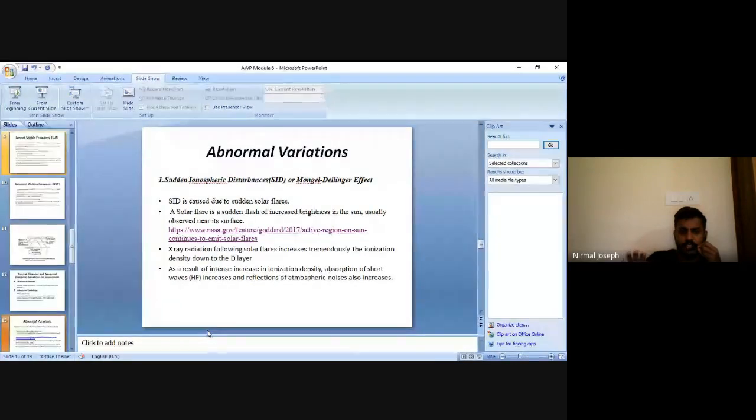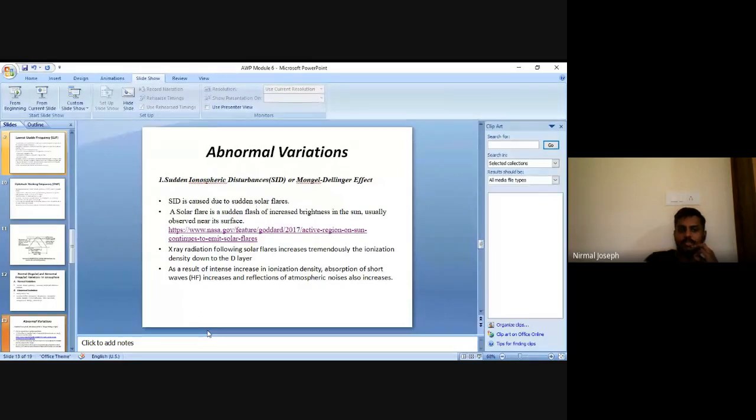Due to these solar flares, the ionic density of the ionosphere is going to increase abruptly. As a result of increased ionization density, absorption of short waves, that means high frequency waves, increases, and reflection of atmospheric noises also increases.